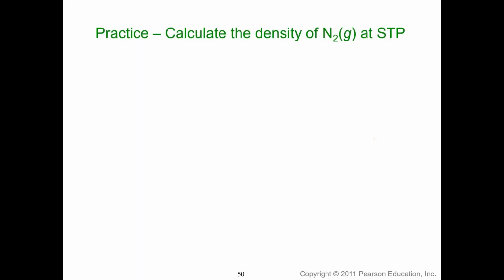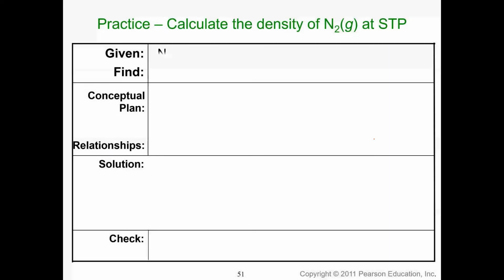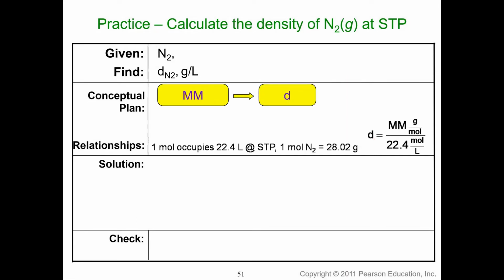All right, calculating the density of N2 at STP. How do we do that? What do we have? By looking at N2, you know for sure you have what? Grams, correct? When N2 is given to you, you know, okay, I have N2. What is the mass of it?